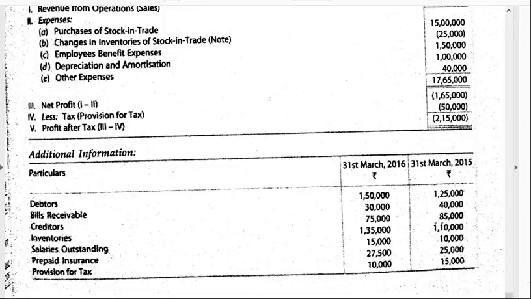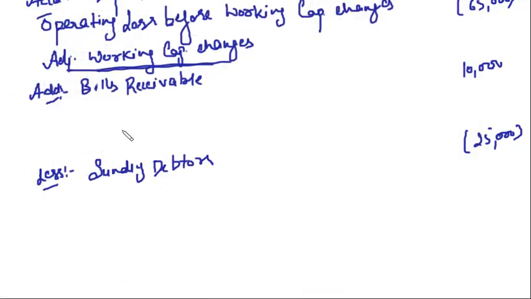Creditors have decreased from 85,000 to 75,000. Our current liability has reduced by 10,000. The current liabilities move in same direction. So sundry creditors by 10,000. Clear?